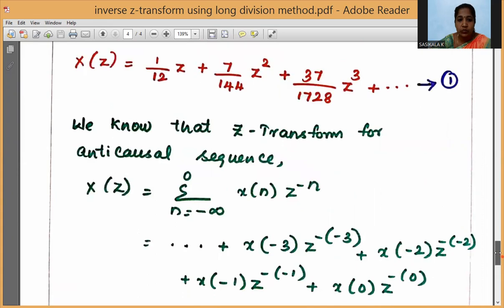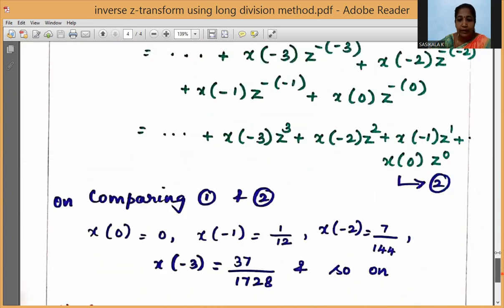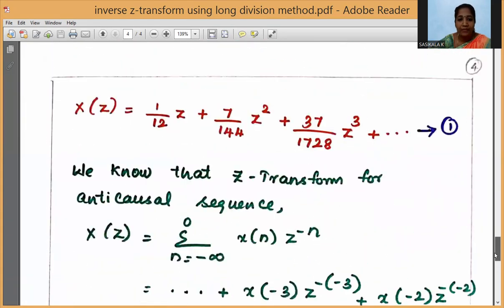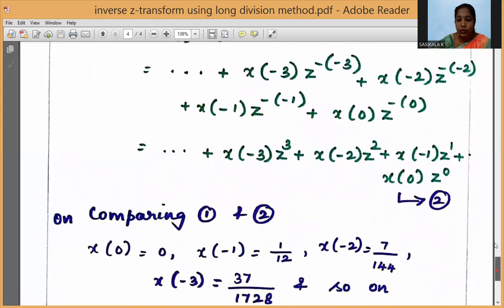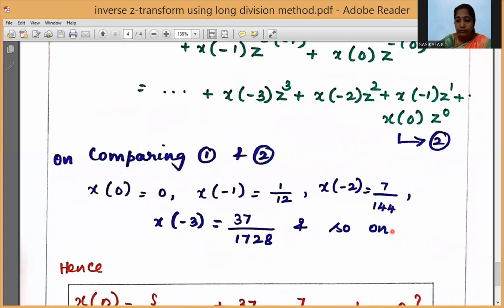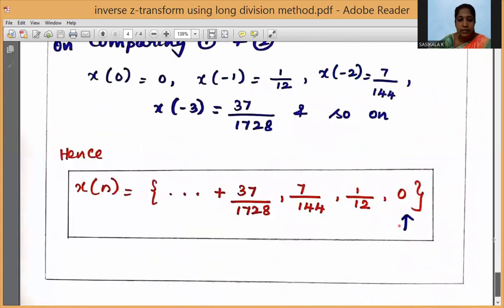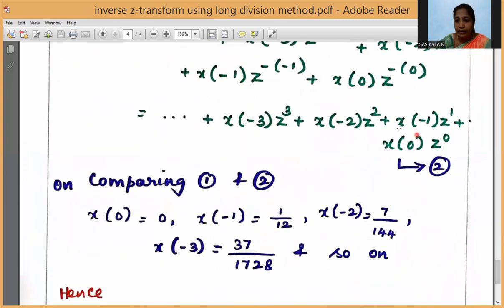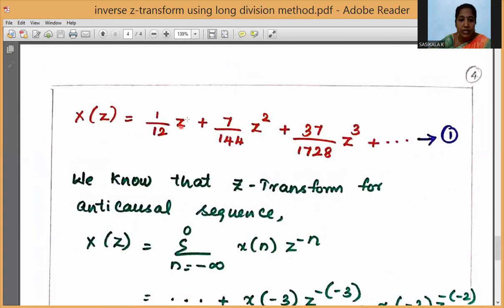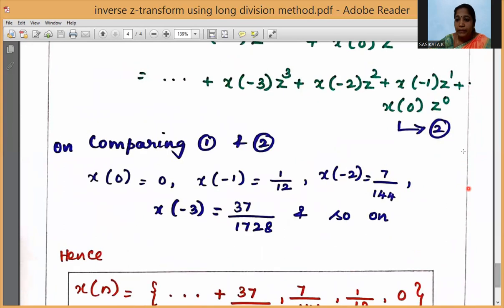By comparing 1 and 2, here I don't have any z⁰ term, so x of 0 is 0. Now here the x of minus 1 term has z¹. Here z¹'s coefficient is 1/12, so x of minus 1 is 1/12.